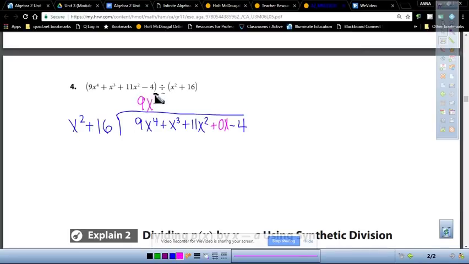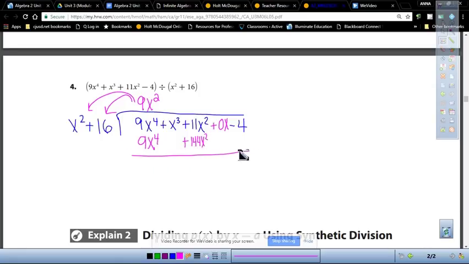I'm going to multiply by 9x squared, and that's going to give me 9x to the 4th. Now this time when I multiply, 9x squared times 16 ends up being 144x squared, not x cubed, x squared. So be sure you line up like terms.